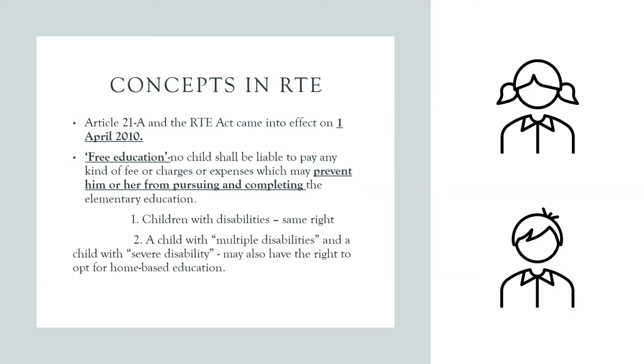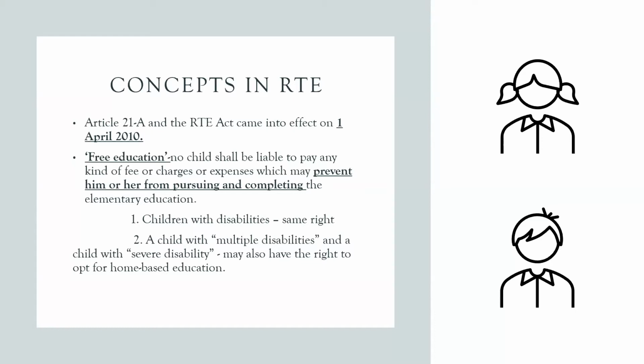So the law has actually thought of children with disabilities. Why children with disabilities? See, when it's very normal for us to see normal children itself not go to school, it's very challenging for parents who send children who have disabilities for the very reason that they might be bullied, they might be ragged, they might be made fun of, they may not feel inclusive, so on and so forth.